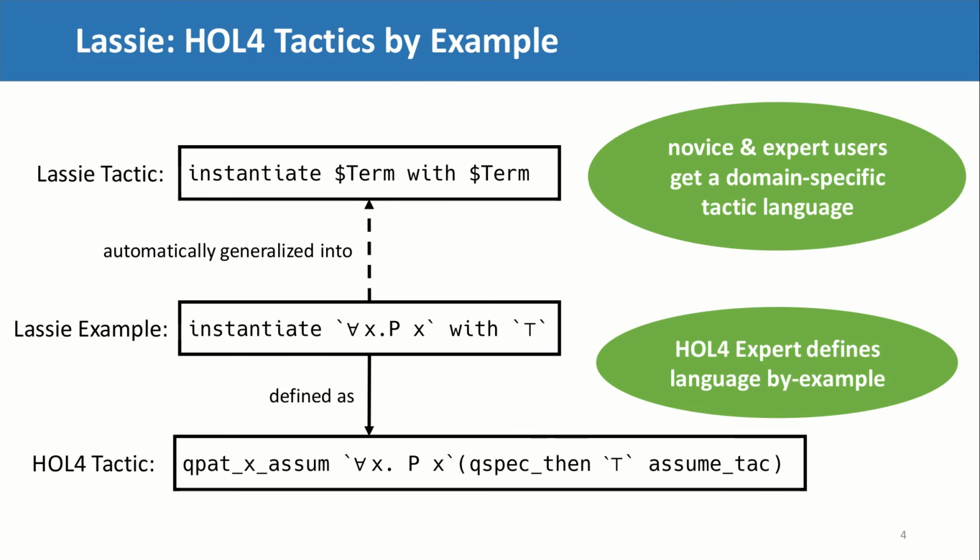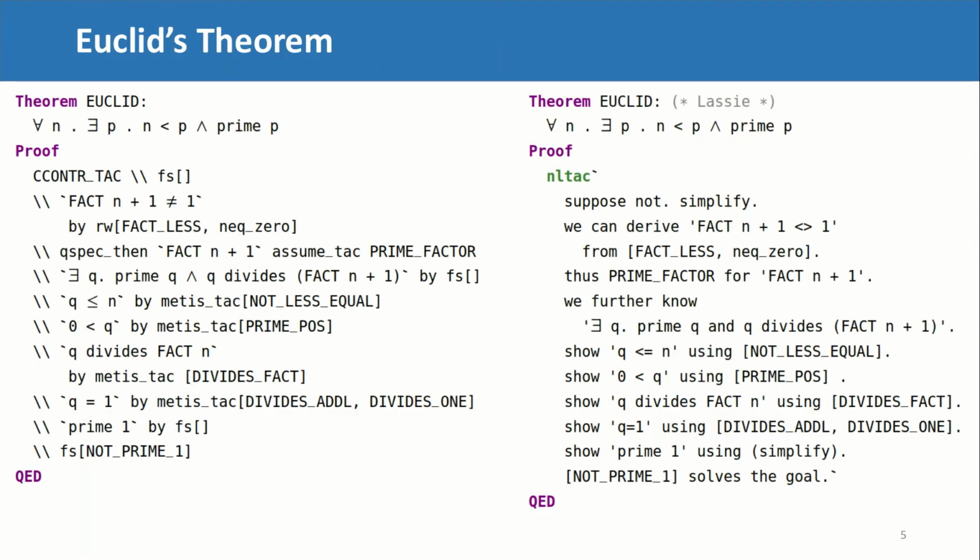Let us look a bit closer how this would work, for example, in a classroom setting. Suppose you would want to teach HOL4 to a group of students. As an example on this slide, I'm showing Euclid's theorem, which states that the set of prime numbers is infinite. And in HOL4 you would state this as, for any natural number n, there exists a number p such that n is smaller than p and p is prime.